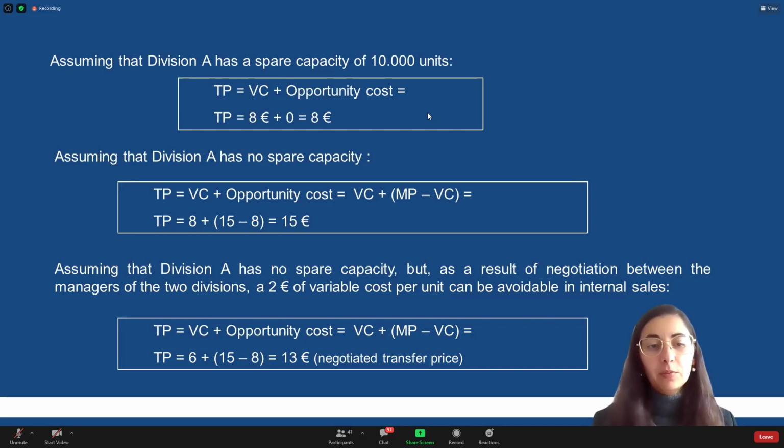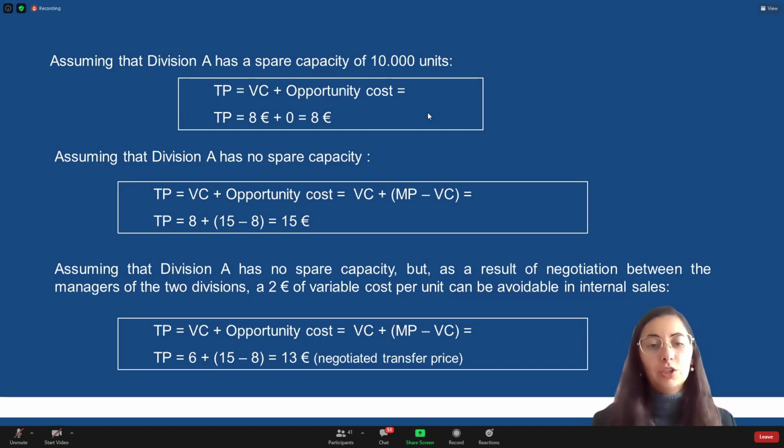In this example, we will reduce the variable costs from 8 to 6, the €2 of difference, and we will also include the opportunity cost, and we have here this negotiated transfer price. So there was this negotiation.